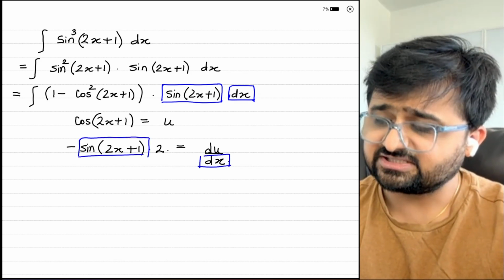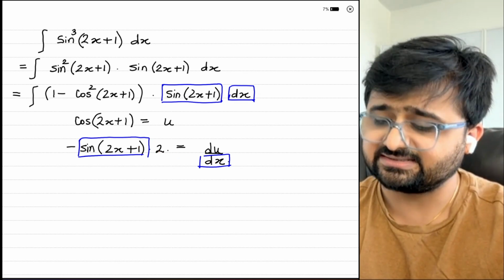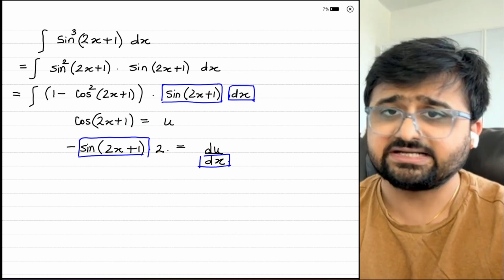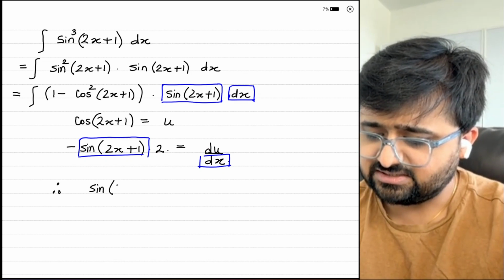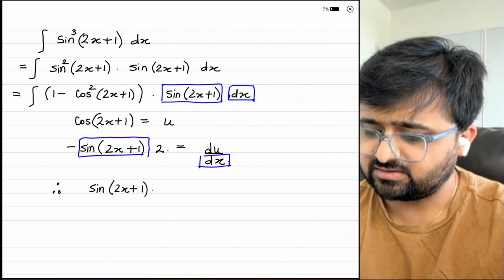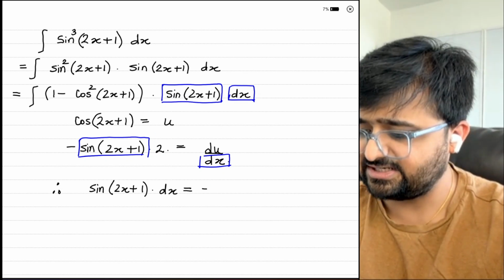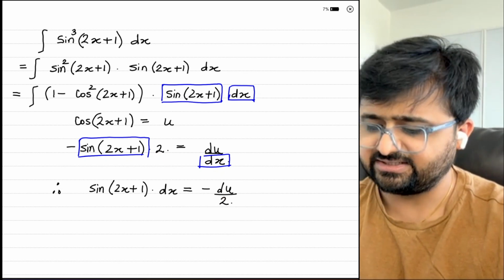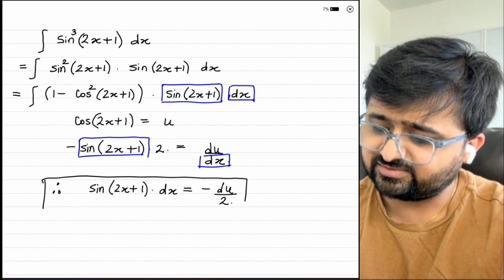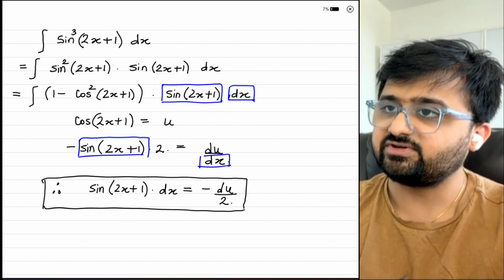So what you can do is multiply that dx on the left hand side, take that 2 on the right hand side, and also take that minus on the right hand side. Therefore, sine 2x plus 1 times dx is equal to minus du divided by 2.